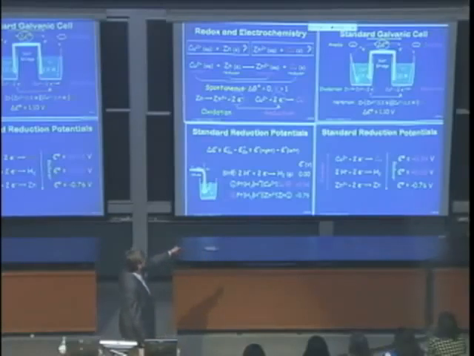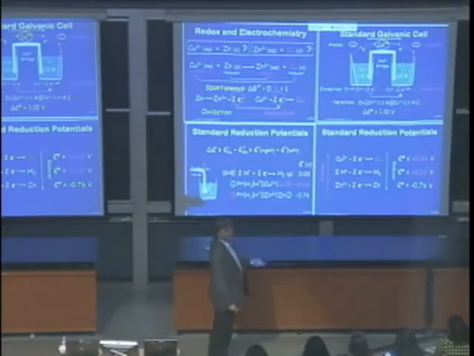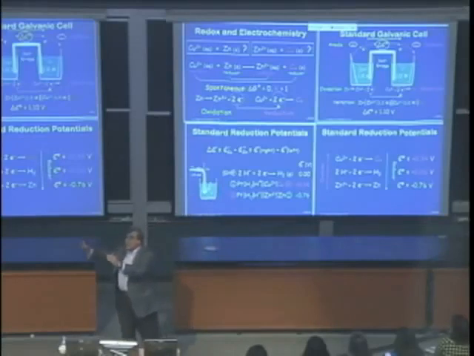On the other side, the copper 2+ would like to get 2 electrons, so we connect this and let these 2 electrons flow along here. Now this is negatively charged, so the copper 2+ will pick up these 2 electrons and will plate out as copper, all right?